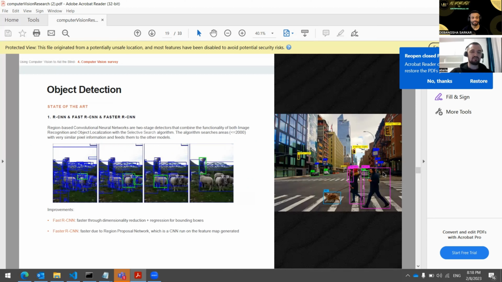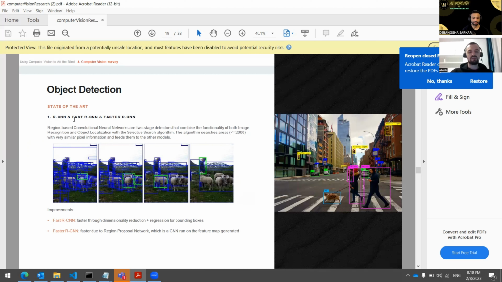As you see in the picture here, I'm not going to go into too much detail about the selective search, but basically the algorithm searches areas that are very similar pixel-wise. And generally this search is done within 2000 areas, let's say.